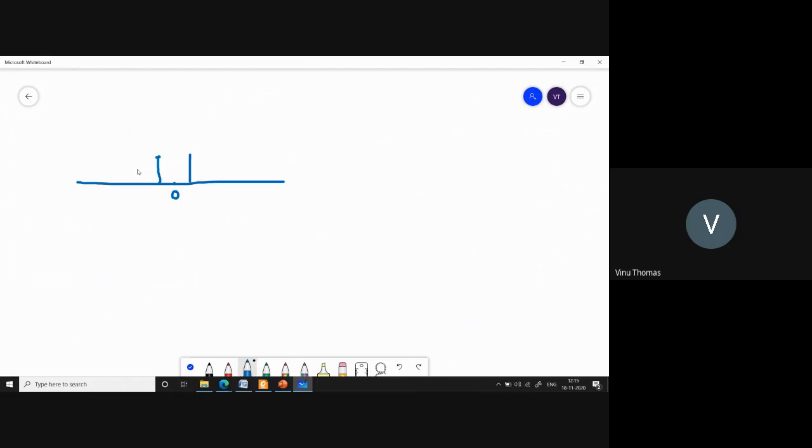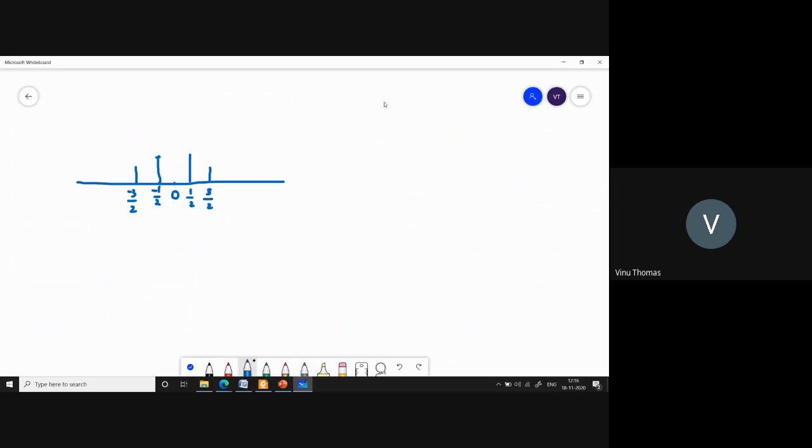These are my samples, and see that they are separated by half a sampling interval. So I will mark this as minus half because it is shifted by half a sampling interval, and this I will mark as plus half. It will become clear why I am doing it like this. And this should therefore be 3 by 2, and this is minus 3 by 2. So I have 4 samples here. These two are spaced apart by one sampling interval, and these two are spaced apart by one sampling interval.